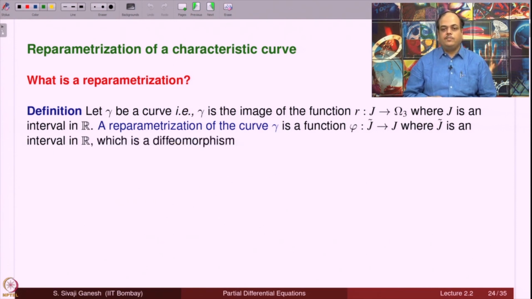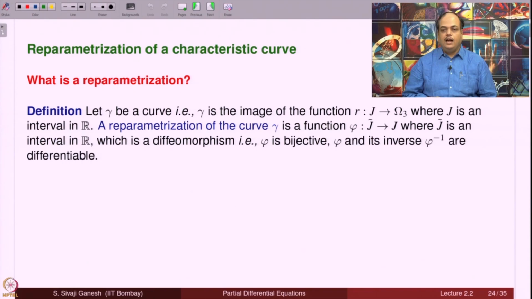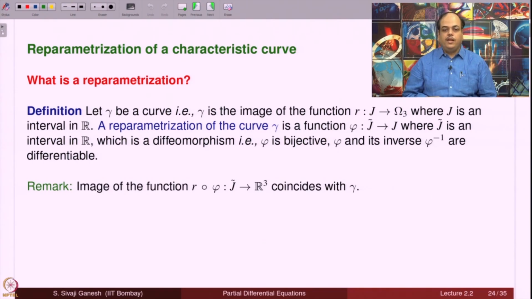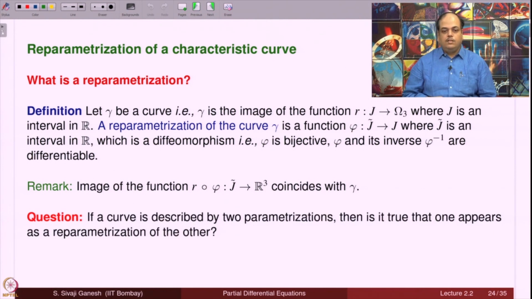It is a diffeomorphism, that means the function is 1 to 1 and onto, so the function is bijective, and therefore the function and its inverse make sense, and both of them are differentiable. Now, the image of this function r circle phi, which is now defined on J tilde to R^3, coincides with gamma. So, the images of r circle phi and r are the same, both are gamma. So, that is a reparameterization.